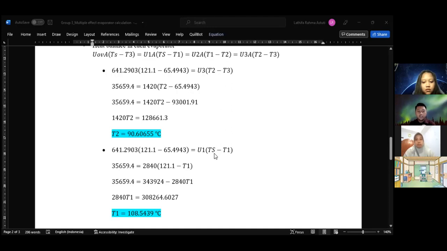And then we do the calculation, and we find the value of T1 is 308,264.6207 divided by 2,840. And then we get the first evaporator temperature, or T1, with the value of 100.5439 degrees Celsius.